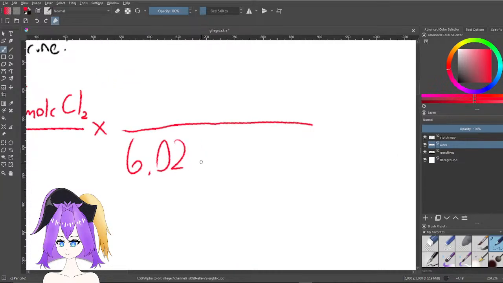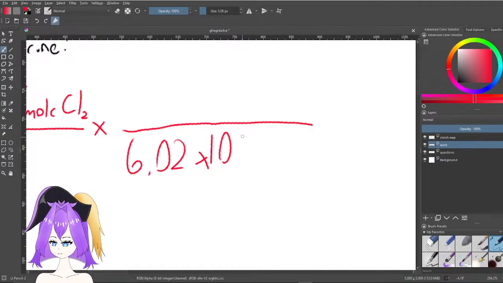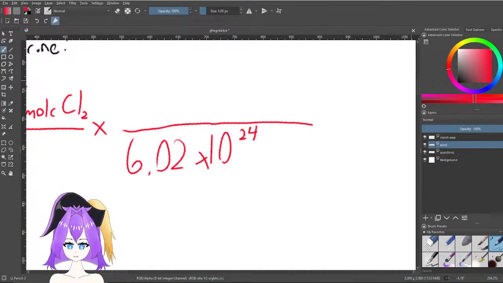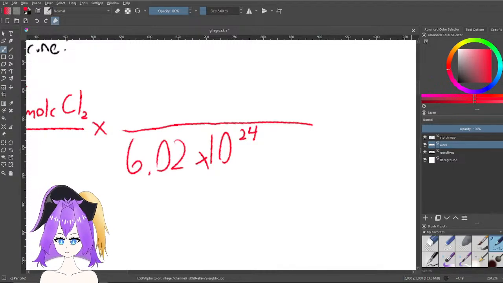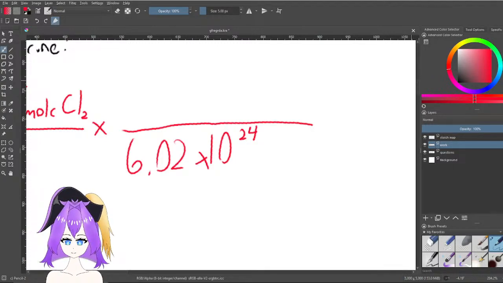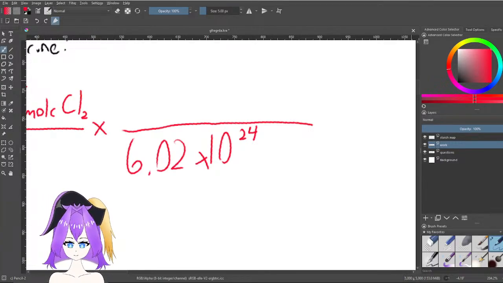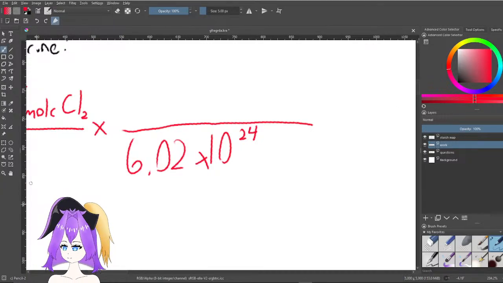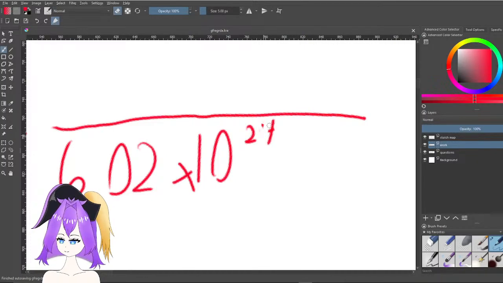6.02 times 10 to the 24th, right? Well, let me check. Moles. Chemistry. 23rd. It is the 23rd. So we get rid of this.